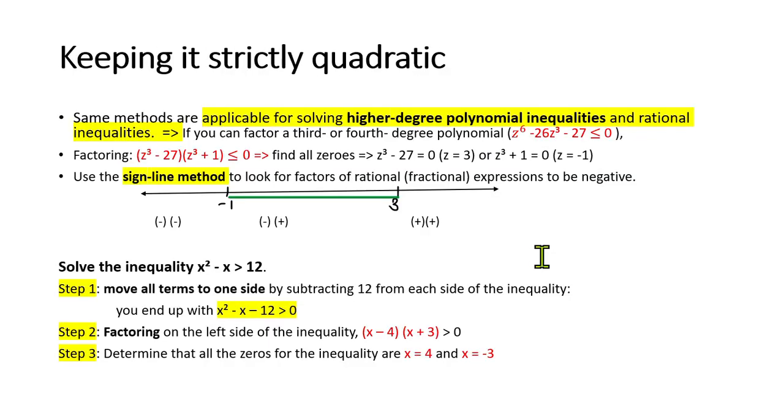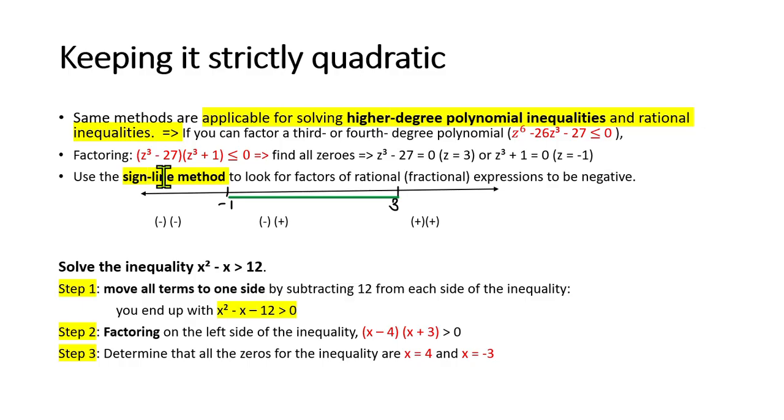And even the method we discussed so far can be applied to higher degree polynomial inequalities. So g to the sixth minus 26 g cubed minus 27. You can factor it like this.